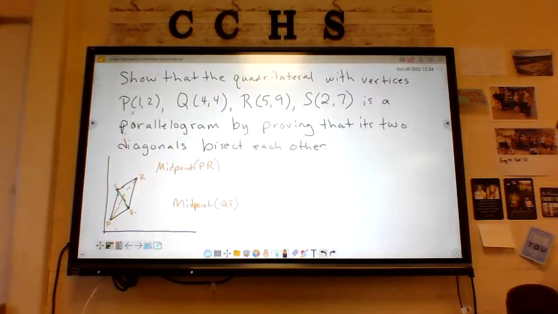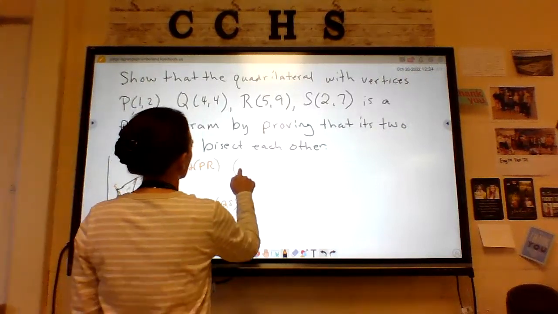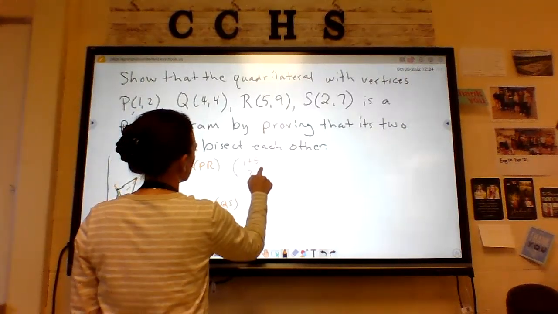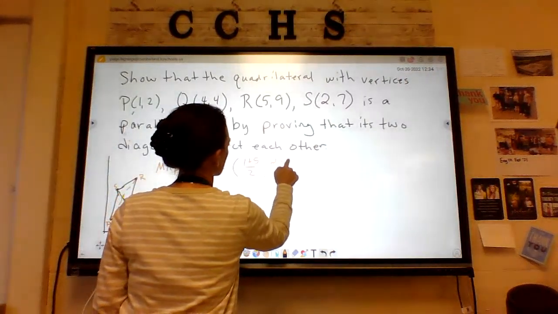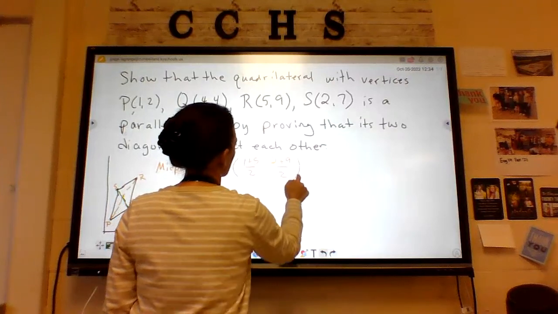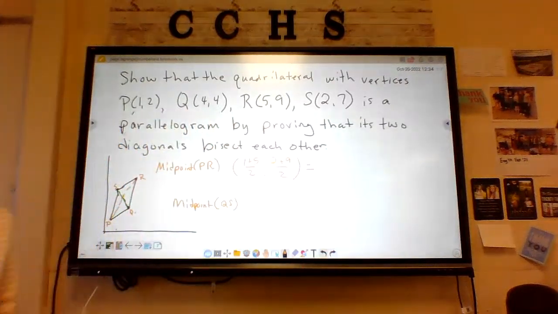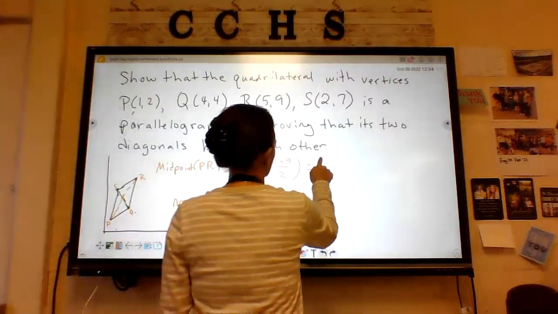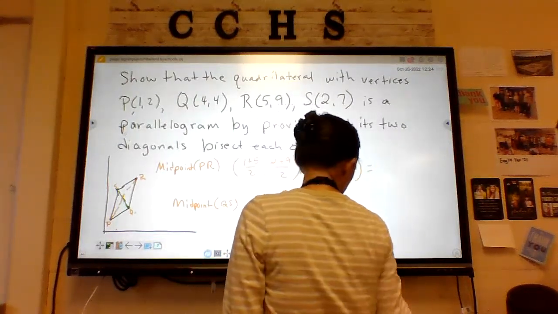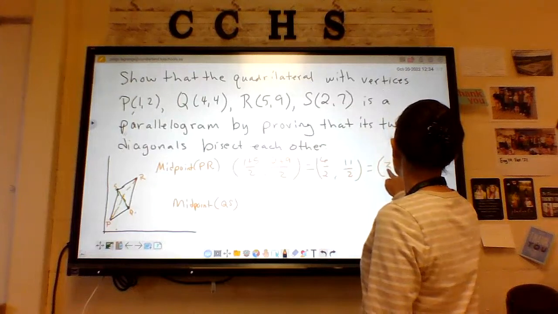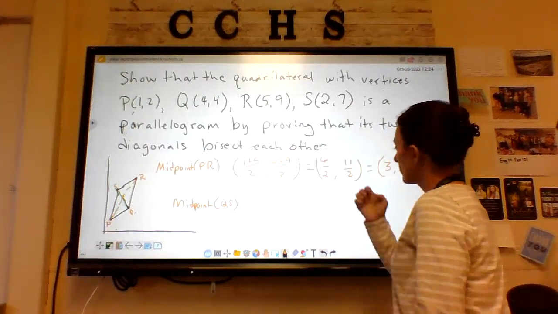Midpoint of PR. How do we find it? Okay. 1 plus 5 over 2 and 2 plus 9 over 2. So what does that give me? 6 over 2, comma 11 over 2. And then that eventually simplifies down to 3, comma 11 halves, right?